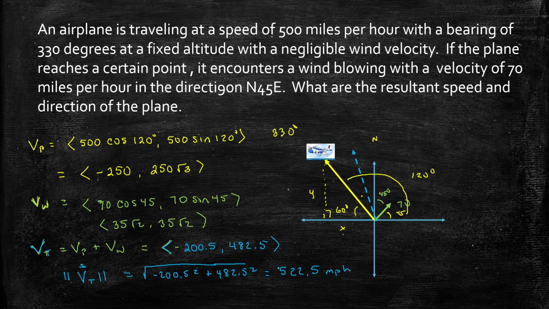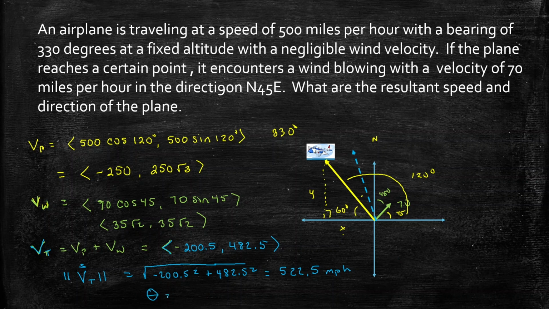That's kind of nice. And then the direction of travel that I could find is going to be found the same way. I'm going to find that theta. And so tangent theta is the opposite over adjacent, which is y over x. And so we'll just write it here as theta.